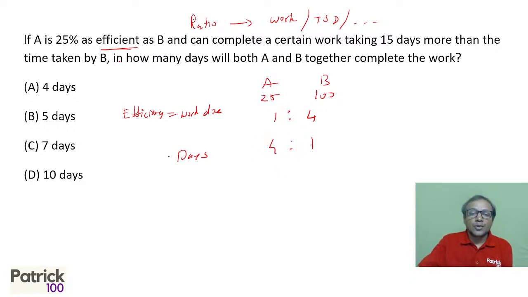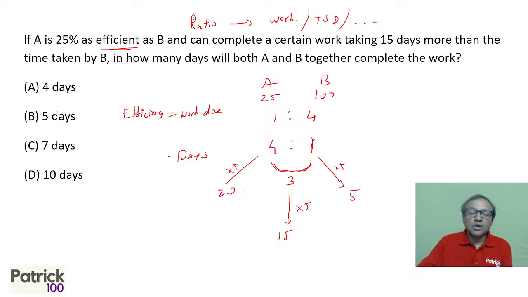Now the difference of 4 and 1 is 3, and this 3 stands for 15. The difference is 15, so 5 times, which means A takes 20 days, B takes 5 days.